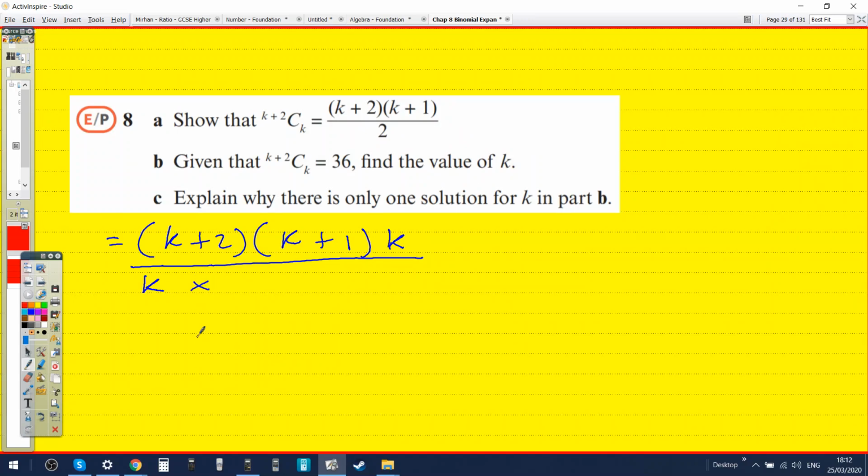Plus times 2. I believe it would be k plus 2 minus k. What is k plus 2 minus k? 2.